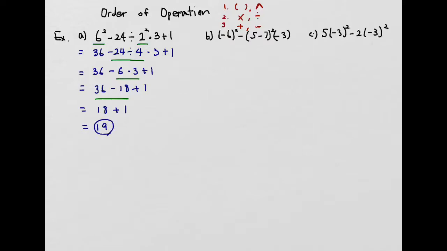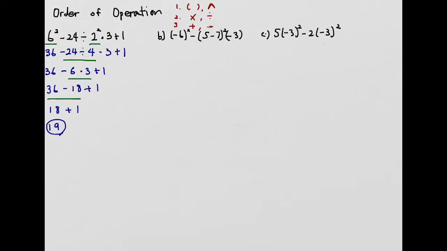Let's do another one. Negative 6 squared minus 5 minus 7 squared times negative 3. I see parentheses, I see exponents, so that's what I'm going to work on first. Negative 6 squared, I can do the exponent, so that gives you positive 36 minus. I have a parenthesis and exponent together, right? When we have these two together, remember I said to do inside first.